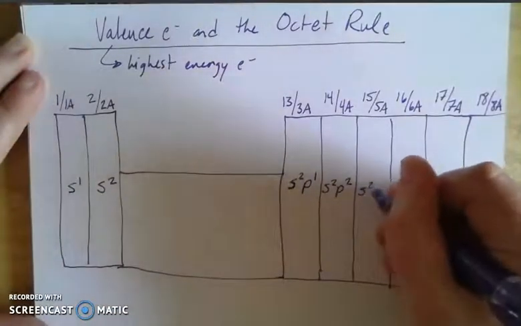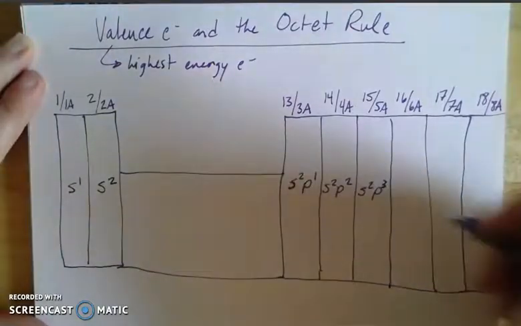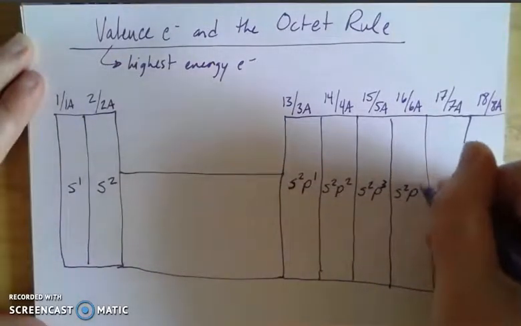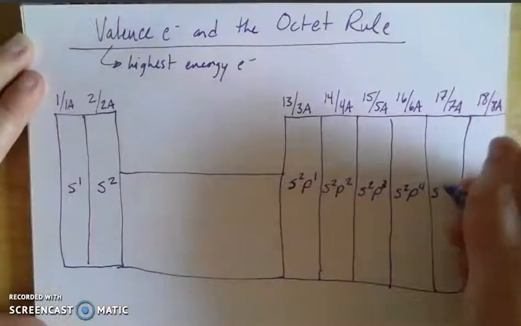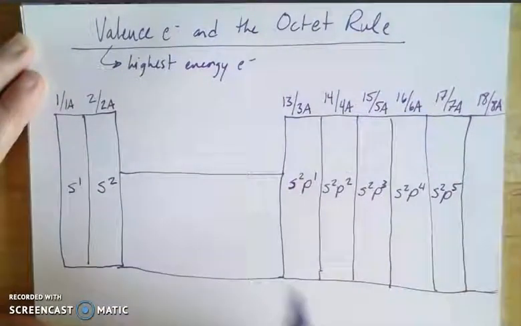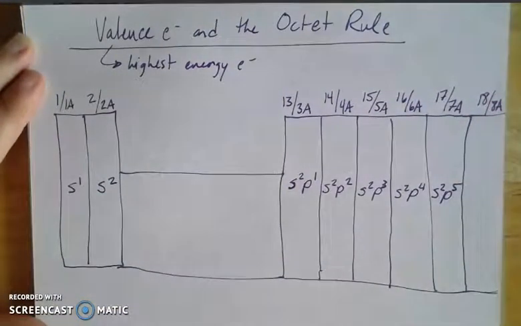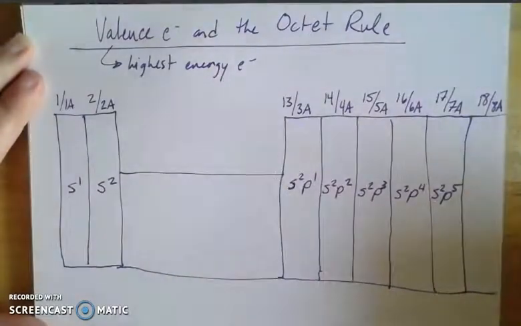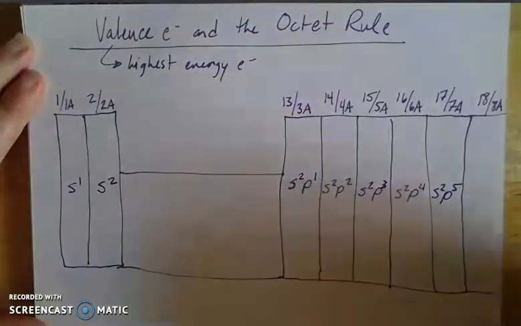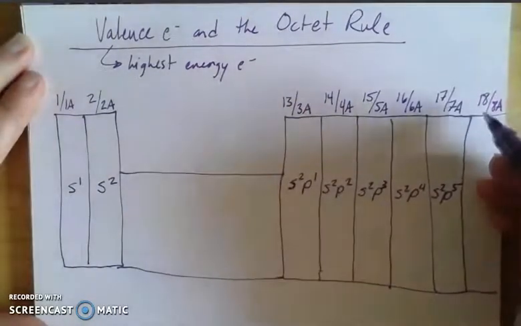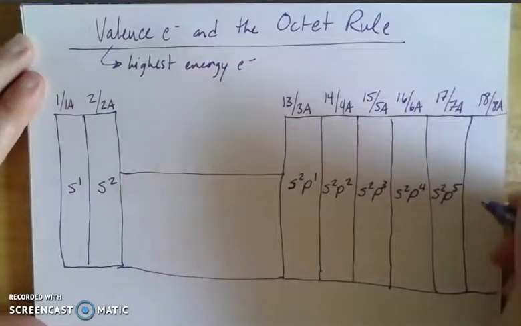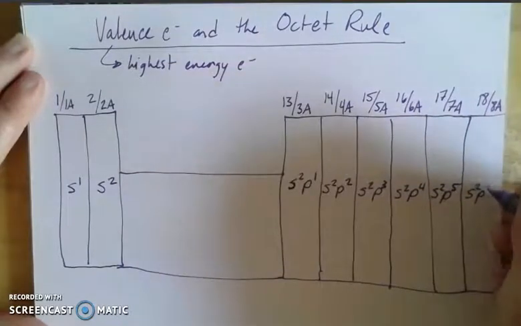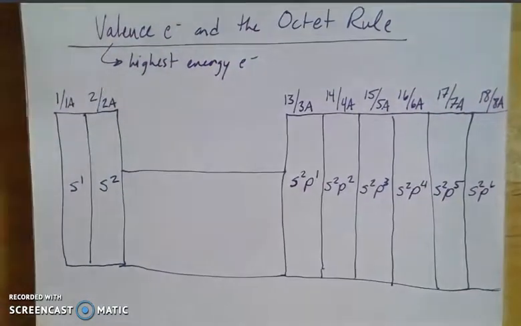And then we have full s, 3, full s, 4, full s, 5, again, just counting over, and whatever period we're in is going to give you the n value that's in front of each of these. I'm just focusing on the electrons in the orbitals here. And then when we get to the noble gases in column 18 or 8A, then we have a full s and a full p, which would be 6 in the p orbitals.